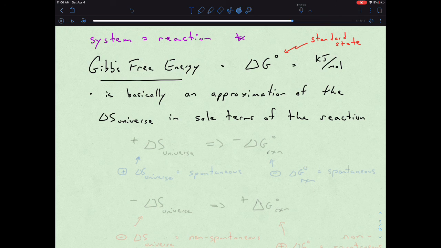So there is kind of a sign issue. The delta S of the universe is basically the same as saying the delta G of the reaction. But there is an opposite sign issue. So if our delta S is positive for the universe, then our delta G would be negative.